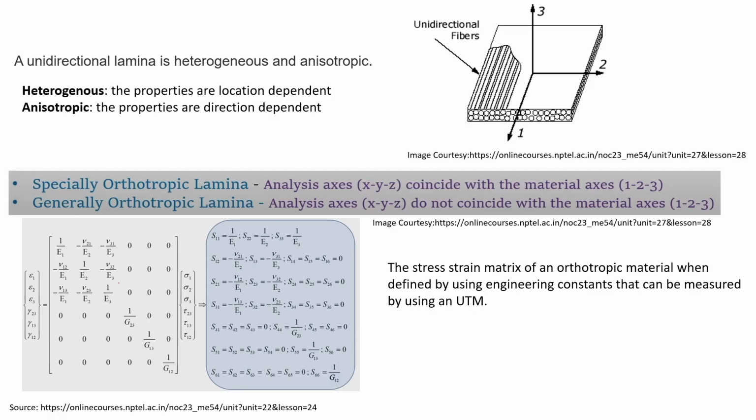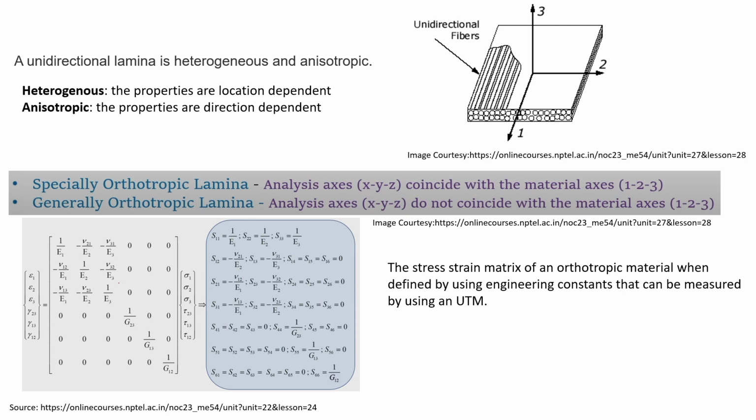So, a unidirectional lamina is heterogeneous and anisotropic. Heterogeneous means that the properties are location dependent, and anisotropic means the properties are direction dependent. Now, there are two types of orthotropic lamina, specially and generally orthotropic lamina. Whenever the analysis axis, that is XYZ, which we also call global axis, coincides with the material axis, that means the direction in which the fibers are aligned is the same as that of the XYZ axis, then we will call it specially orthotropic.